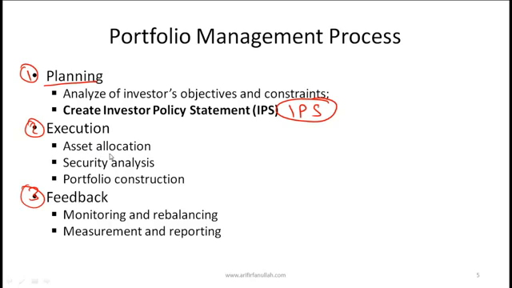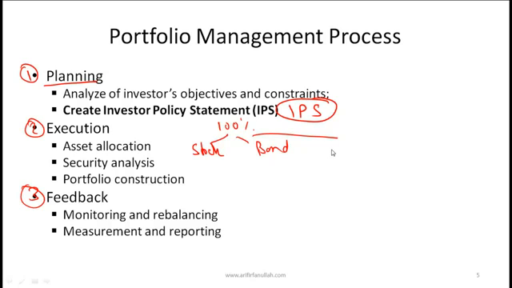Step 2 then is execution, where we first do asset allocation. In asset allocation, what we are essentially doing is, based on the investor's objectives and constraints, let's say for every $100 the investor has, we need to figure out how much to allocate to stocks, bonds, and maybe there are various other kinds of assets.